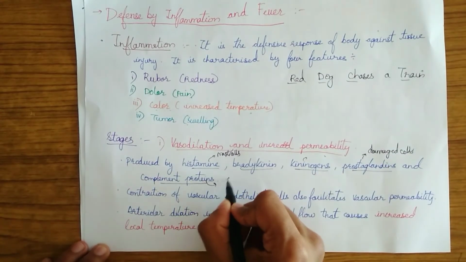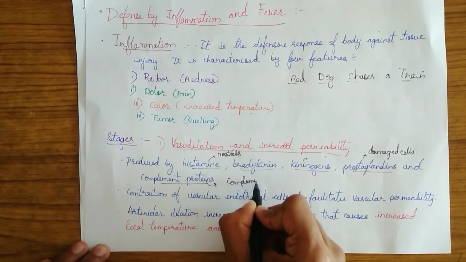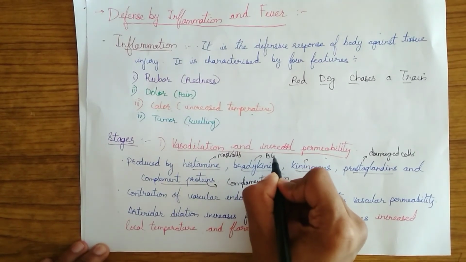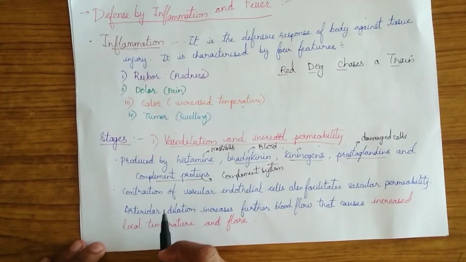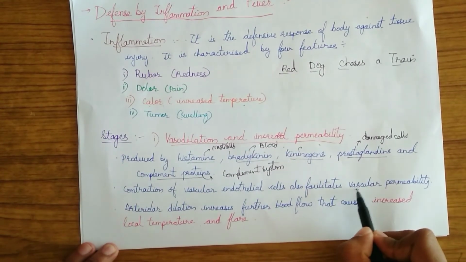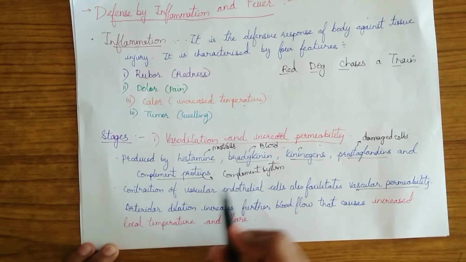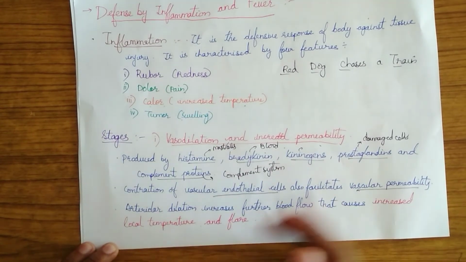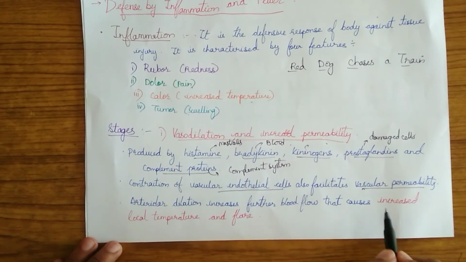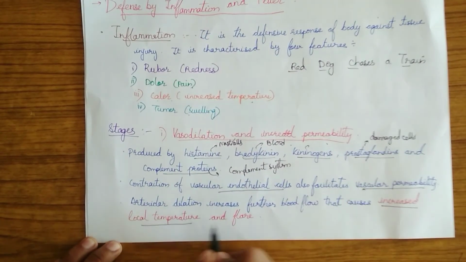Complement proteins are produced by the complement system. Bradykinin is present in the blood. Then the contraction of vascular endothelial cells also facilitates vascular permeability. Then the arterial dilation increases further blood flow that causes increased local temperature and flare.